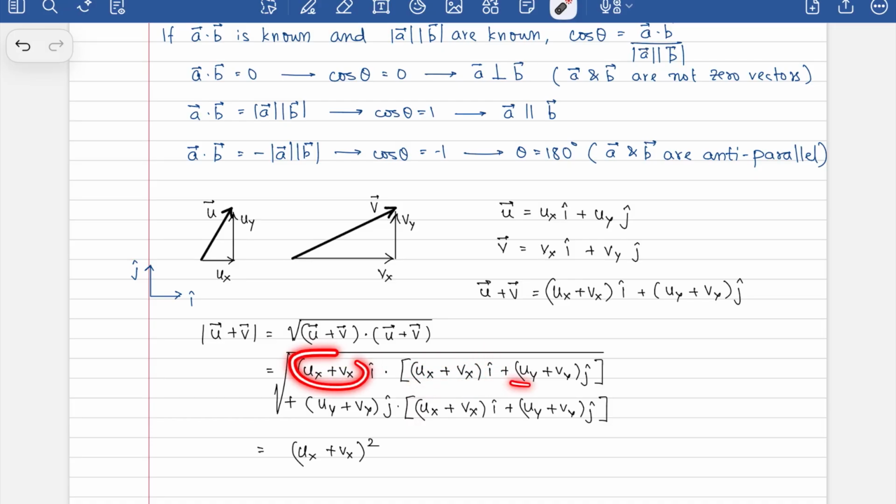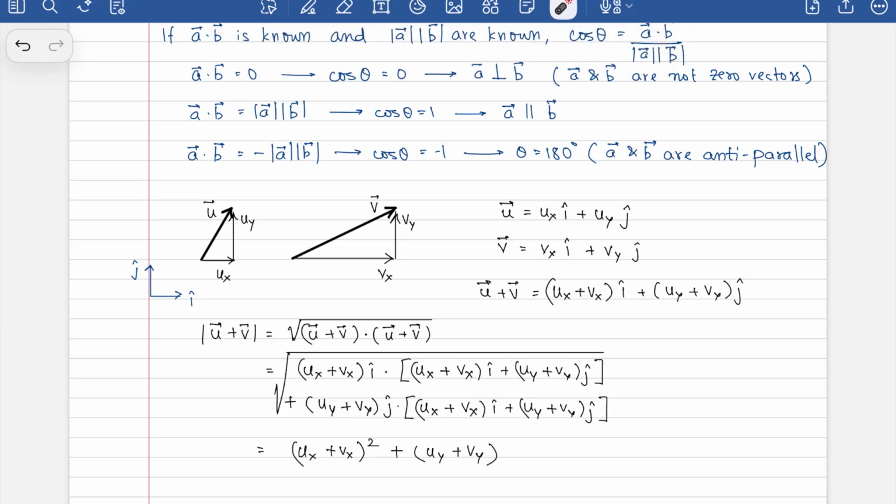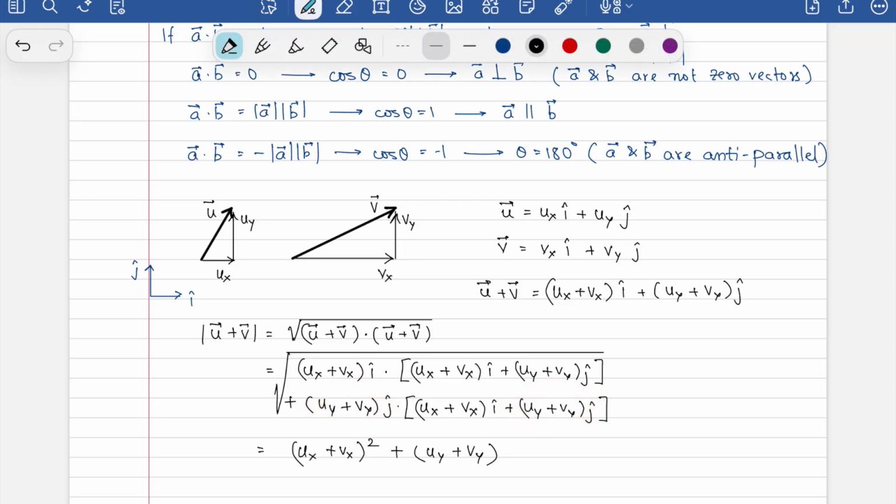Then you have I hat dot j hat, which is 90 degrees apart, which means cos 90 is 0. So that vanishes. And then you have, for the second part, uy plus vy. If you were to do j hat dot I hat, it vanishes. This remains, and so you will then have the square of that.